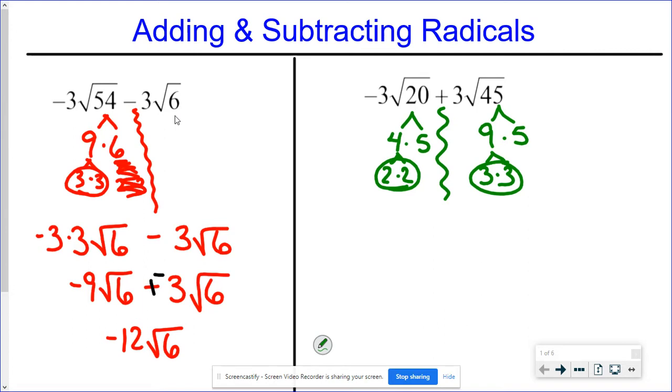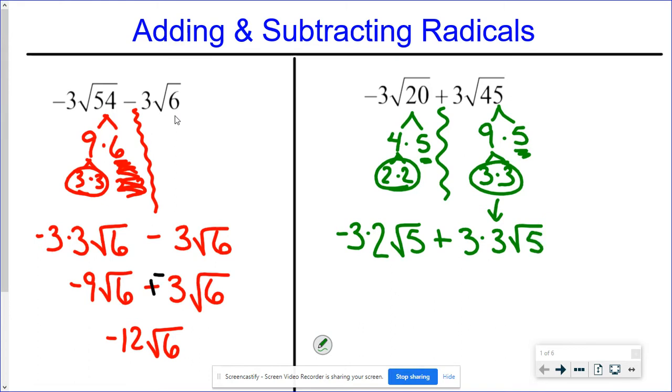So I had the -3 in front of the rad 20. Then I broke out the 2, and all I had left over was just this rad 5. In the 3 rad 45, I had the 3 that was out there, and then I also broke out this 3. And I have this leftover rad 5.